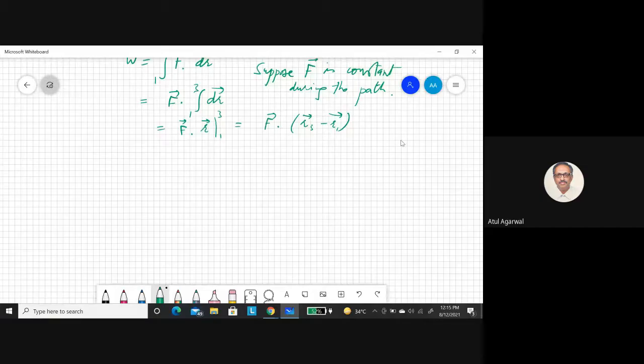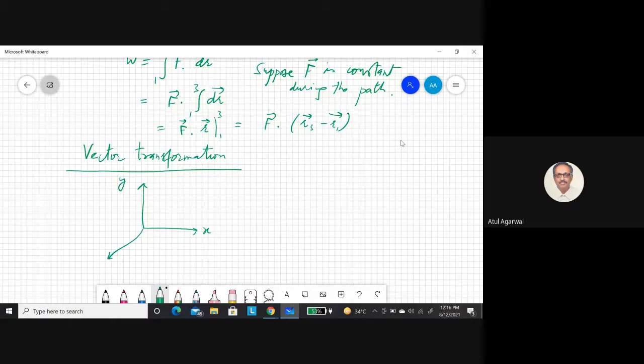Then there is something called vector transformation. I think I had talked about this in the last class, but I will briefly talk again. We have got a certain vector, let's call it vector A, or rather I like to call it vector V. Now I can represent it in another coordinate system.